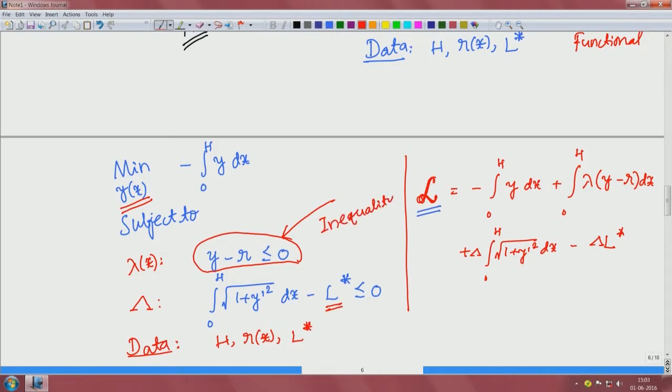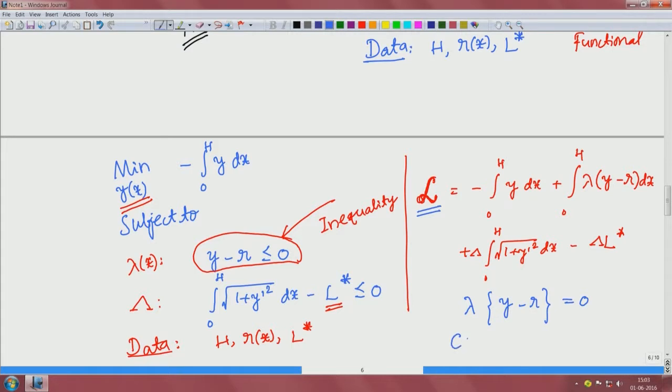When you have inequality, if you recall what we had discussed in one of the earlier lectures dealing with finite variable optimization, we write what is called the complementarity condition, that says lambda times y minus r is equal to 0. Again, this is applicable for all points in the domain x1 to x2.